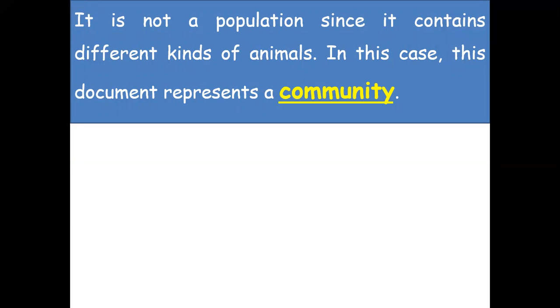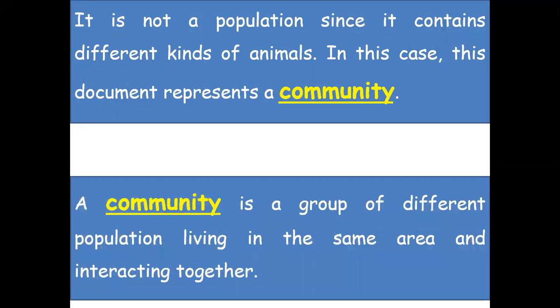So if we want to define community, a community is a group of different populations living in the same area and interacting together. If we want to contrast between population and community, population means a group of the same kind of organism or living thing, whether it is an animal or a plant, but it is the same kind, living in the same area.